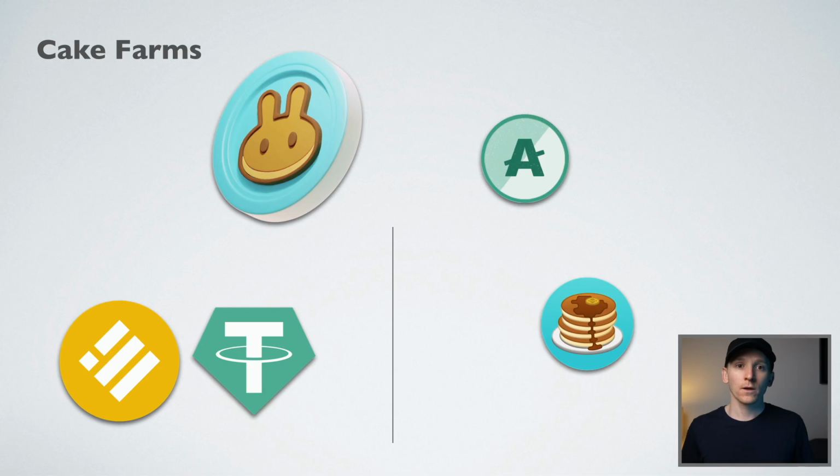We don't stop there on PancakeSwap though, because PancakeSwap has something called Farms, which is basically a way to incentivize you to use the platform, so we can use our new LP token to earn extra income by using the farms. This is how it works. So you can see here, I put Binance USD and USDT onto the liquidity pool on the platform.